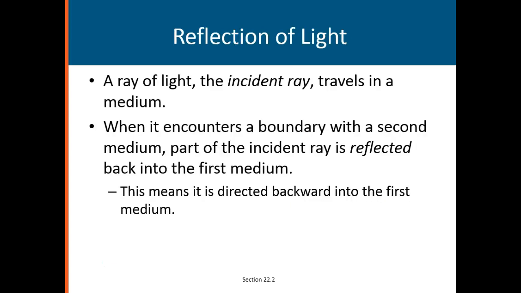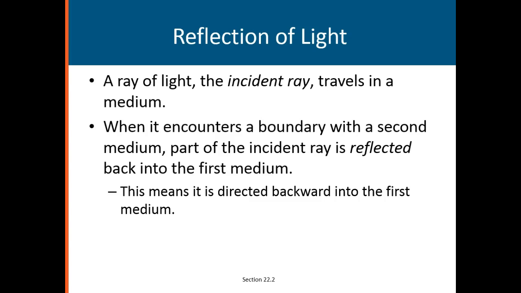Now, reflection of light. A ray of light, the incident ray, by the way, travels in one medium. When it encounters a boundary with a second medium, part of the incident wave is reflected back into the first medium. That means it is directed backward into the first medium again.